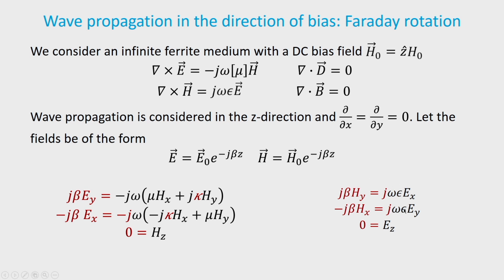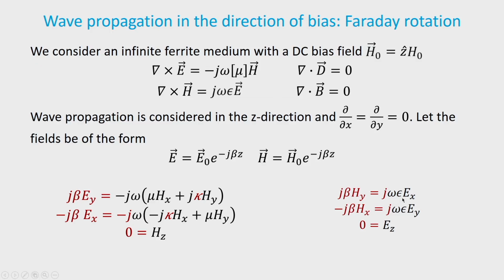Now, from this set of equations, we observe that the wave admittance H_y by E_x is equal to omega epsilon by beta.